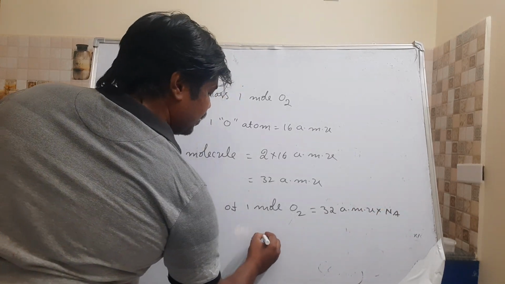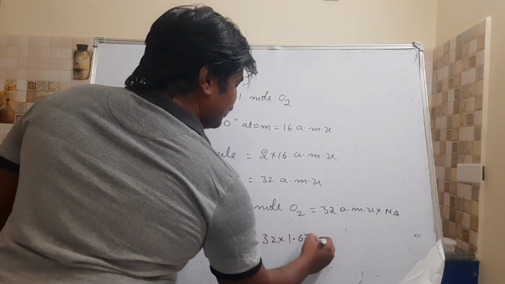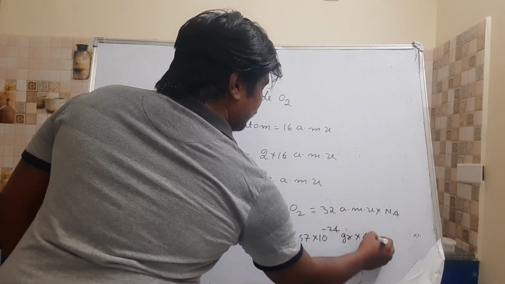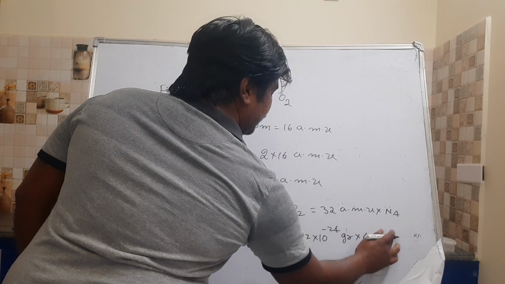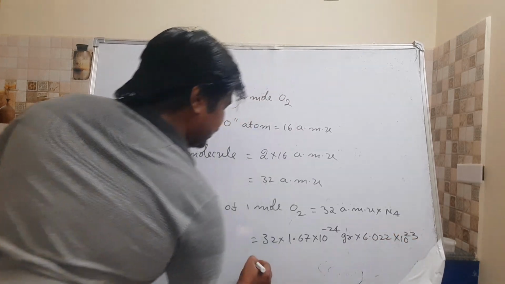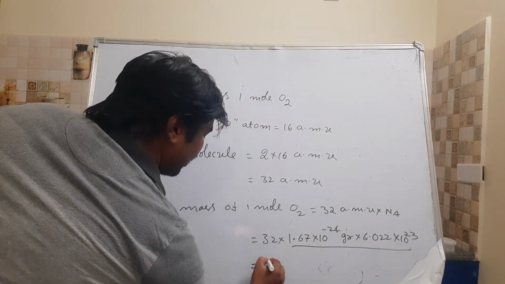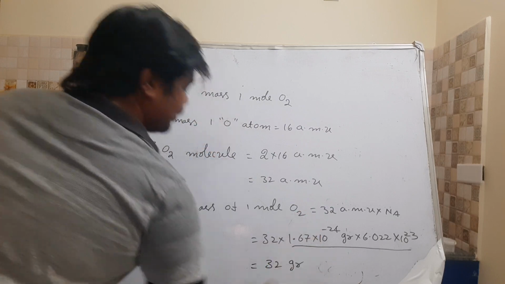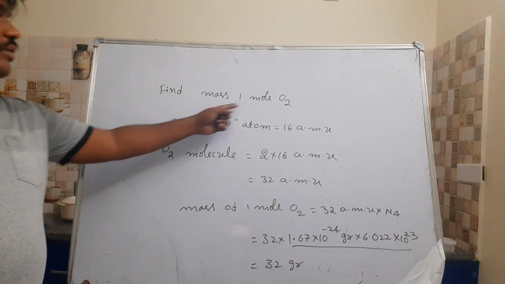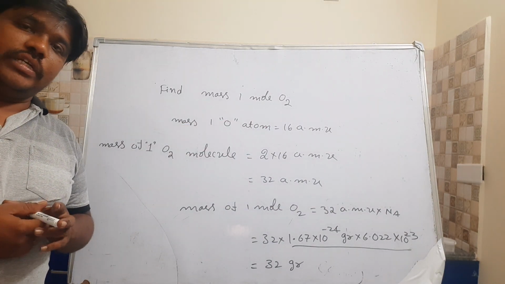That is 32 into 1 AMU, which is 1.67 into 10 to the power of minus 24 grams, into 6.022 into 10 to the power of 23, the Avogadro number. This calculation is equal to 1. The answer is 32 grams. This is the gram molecular mass of oxygen, O2, students.